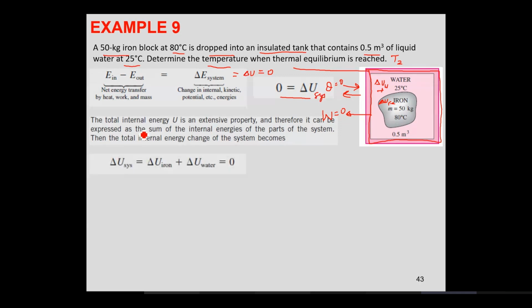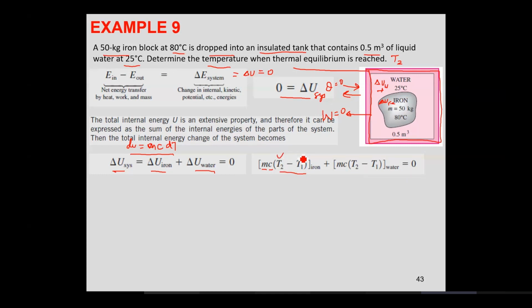And delta U for solids and liquids, you know, is m C dT. For iron, if I write, it is mass of iron multiplied by specific heat of iron into the temperature difference, T2 minus T1.